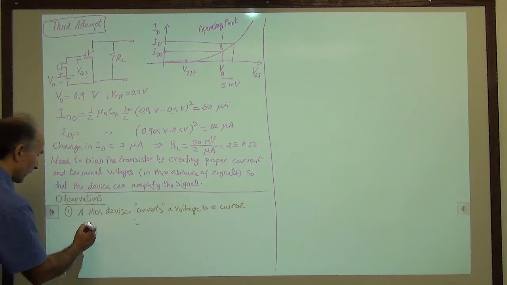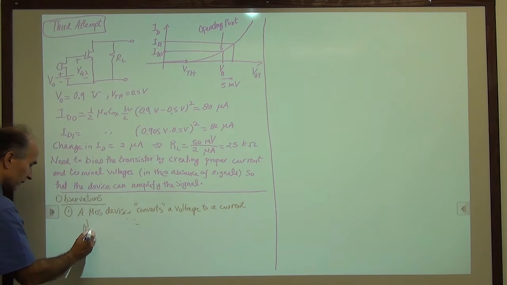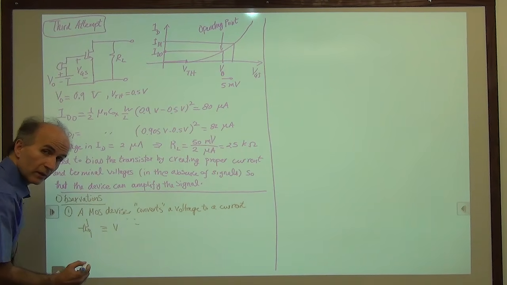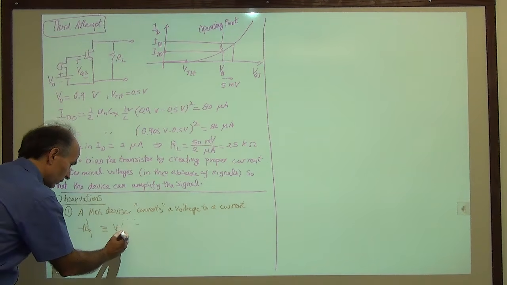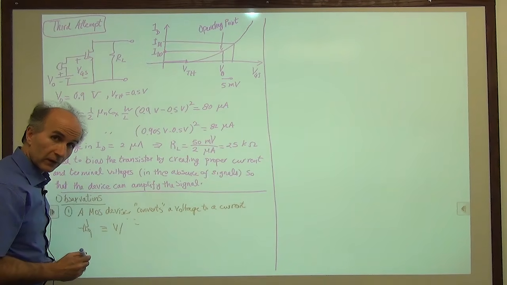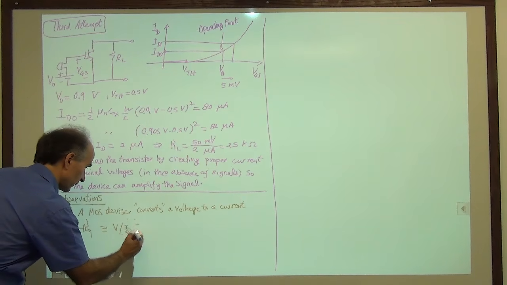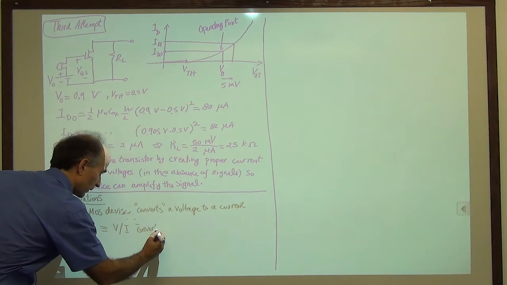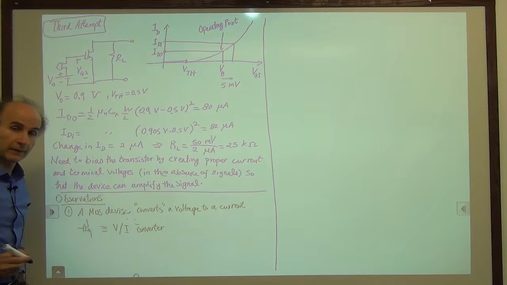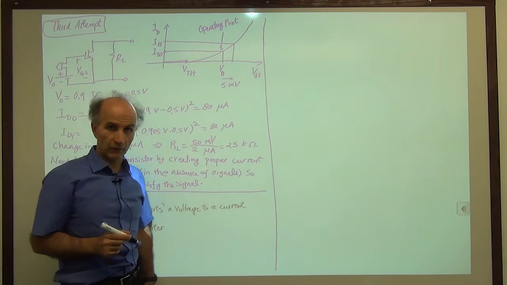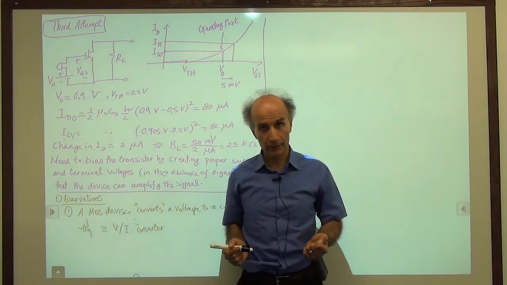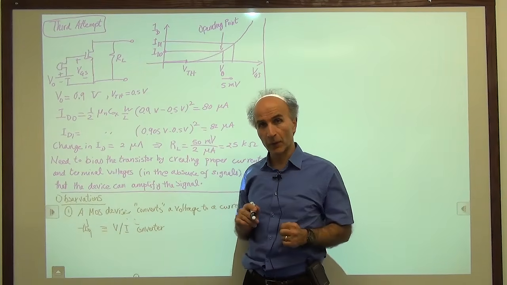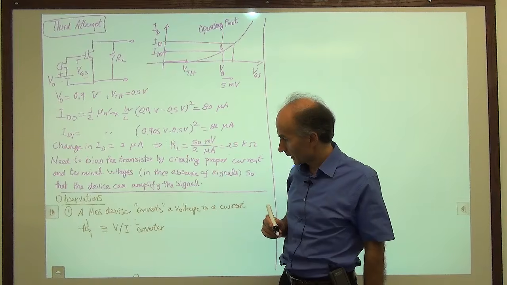So you say a MOS device can be considered a voltage V to current I converter. So that's how we sometimes look at it. It's a voltage to current converter. We give it a voltage, you get a current. Of course, it's nonlinear, various things, doesn't matter at this point, but that's what it is.